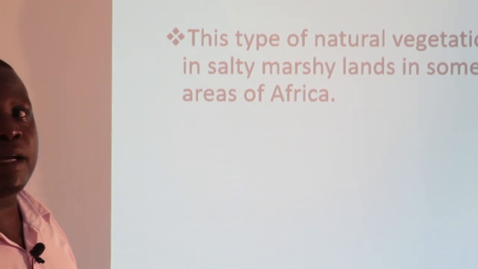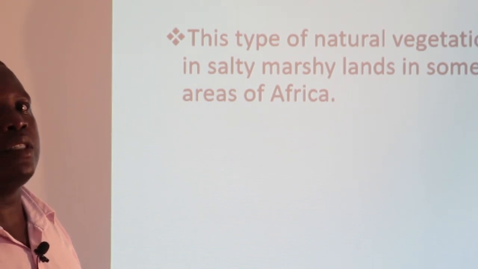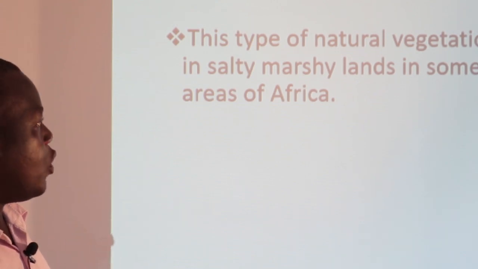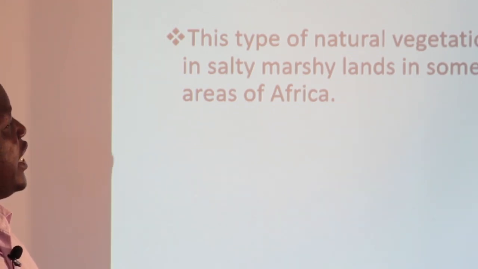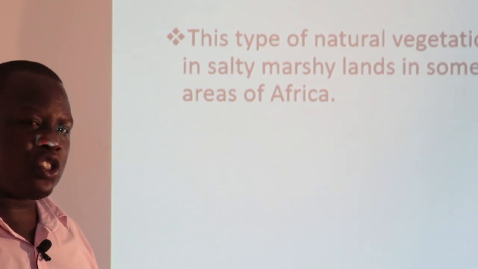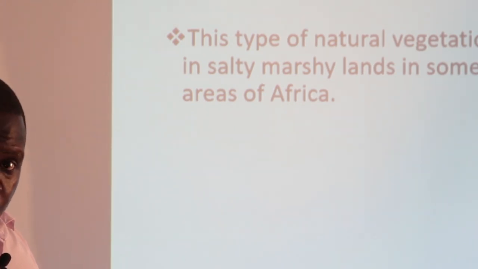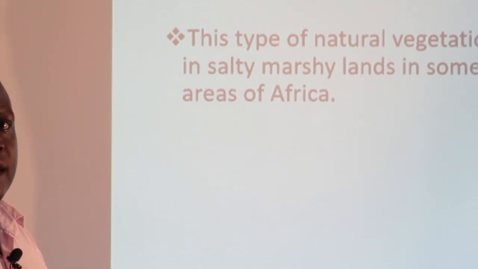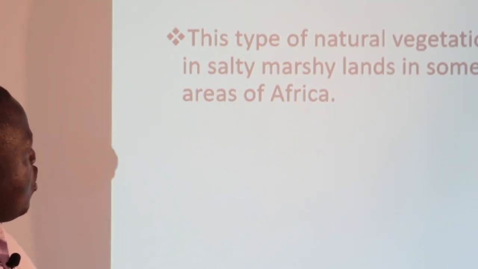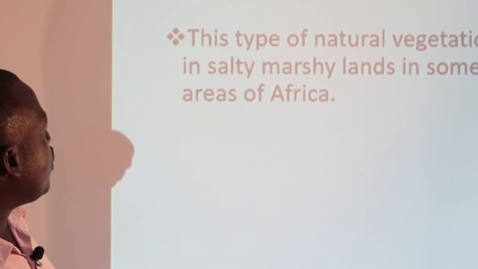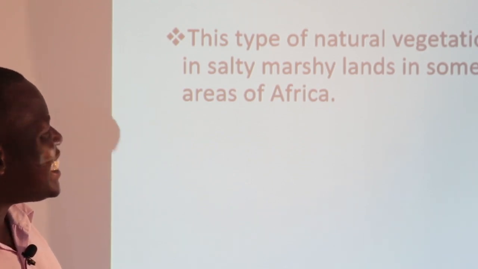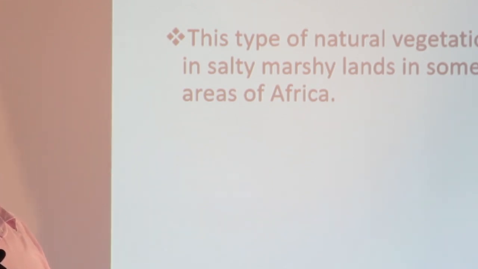Then in the other parts of Africa, like the West African coasts, you shall find them. But what I want you to note is that it grows in some coastal areas. Not all of the coast of Africa has this, but I have said it grows in salty marshy lands in some coastal areas.